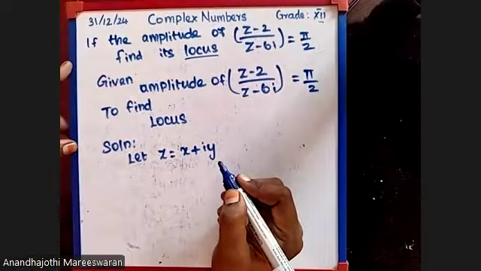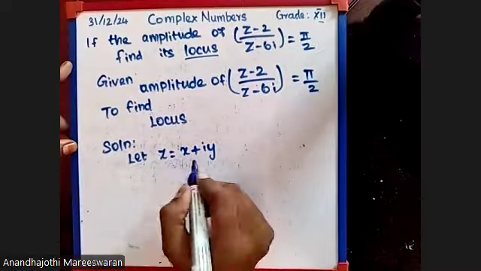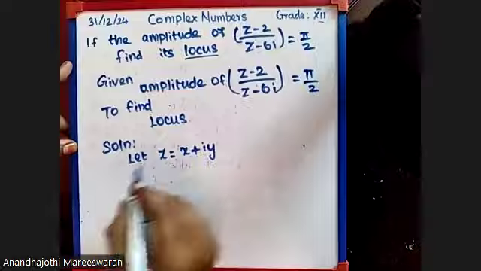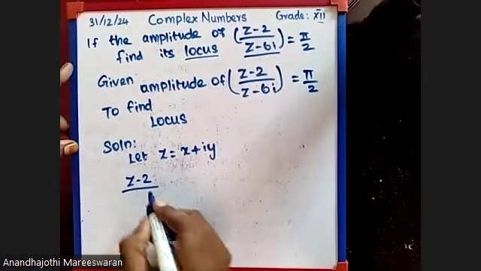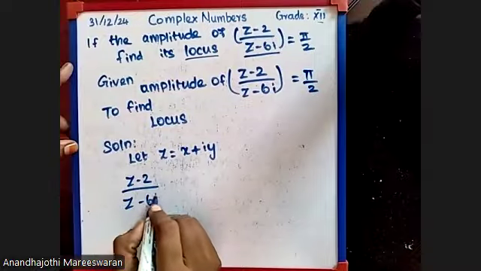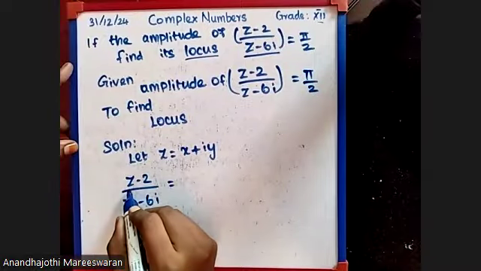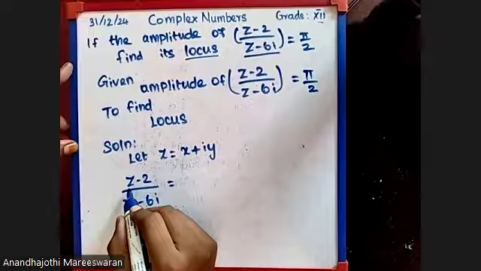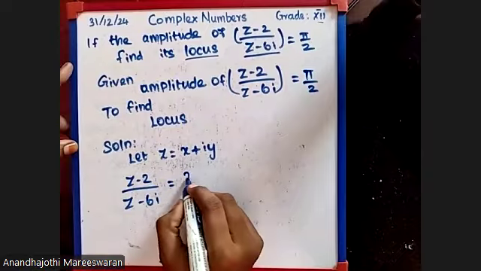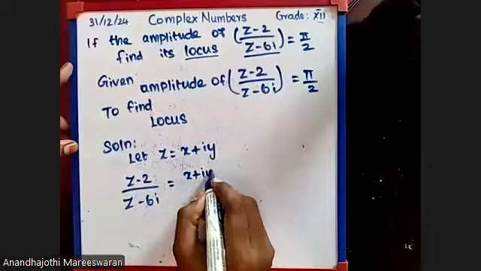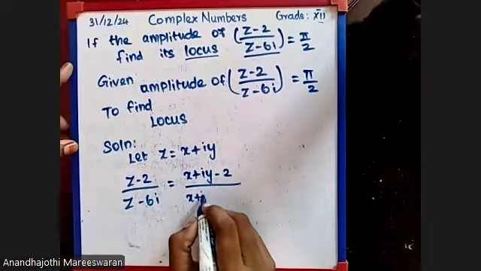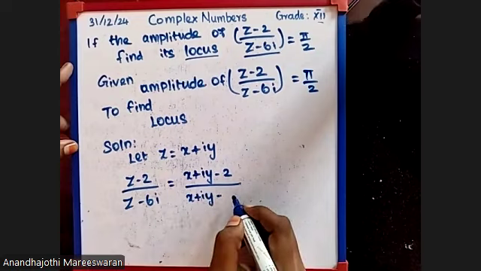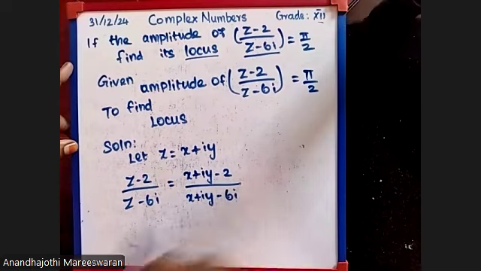Then we substitute this x plus iy in this term. So z minus 2 divided by z minus 6i: in place of z we substitute x plus iy. So x plus iy minus 2 divided by x plus iy minus 6i.